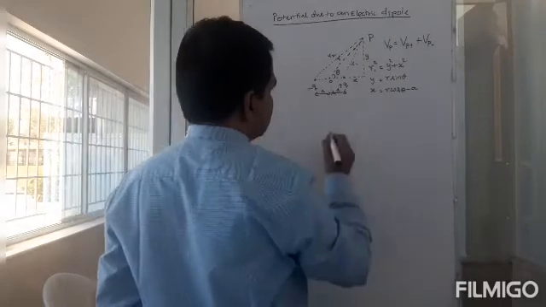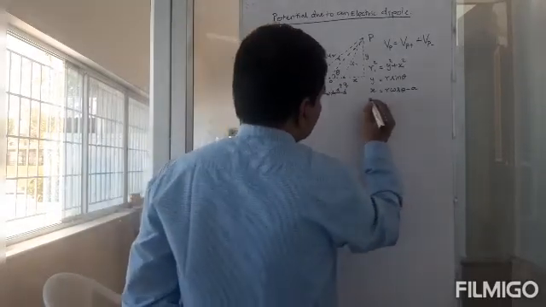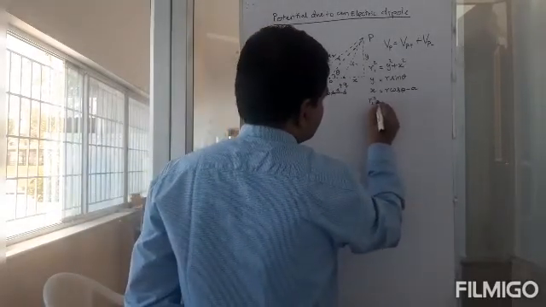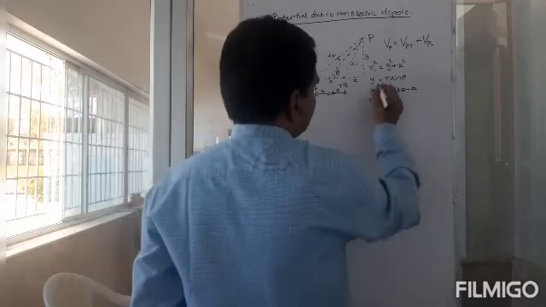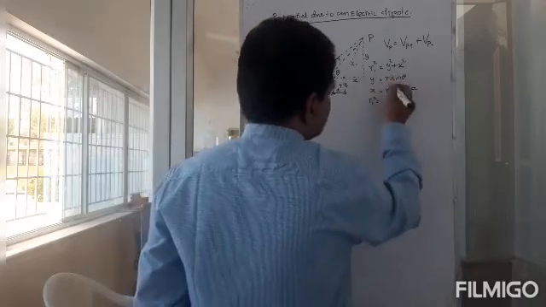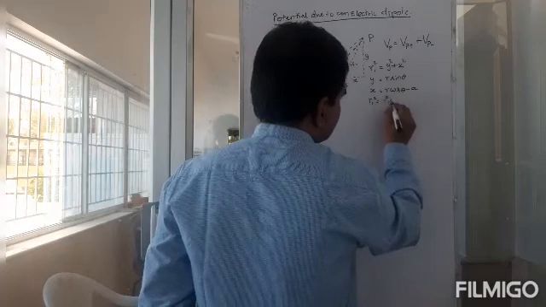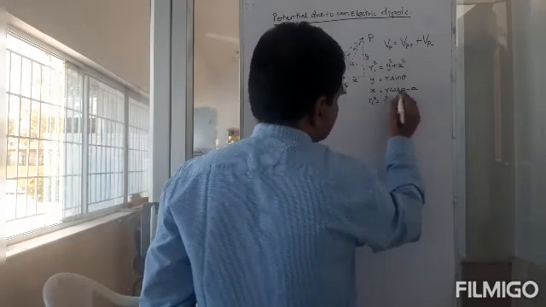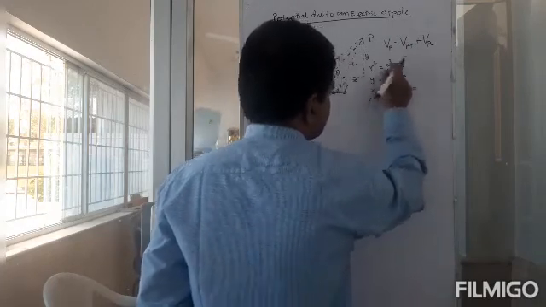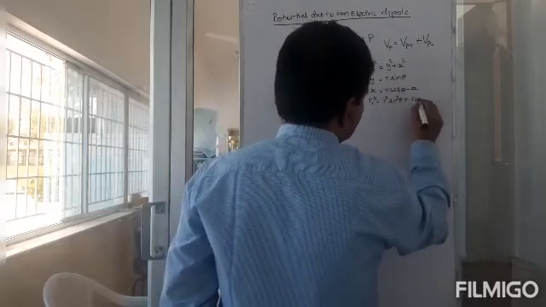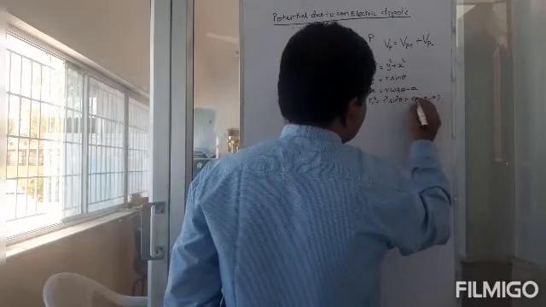Then what is my r1 squared? r1 squared is equal to y squared, which is r squared sin squared theta, plus x squared, which is r cos theta minus a, the whole square.